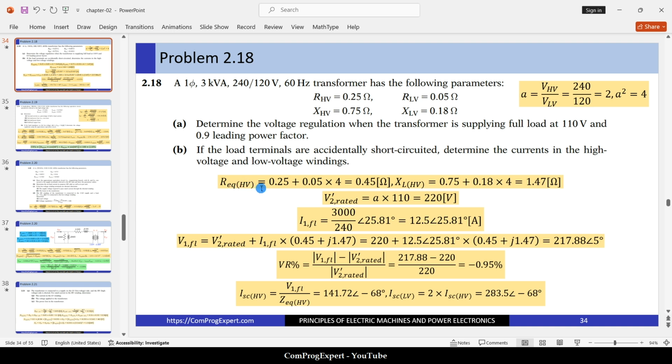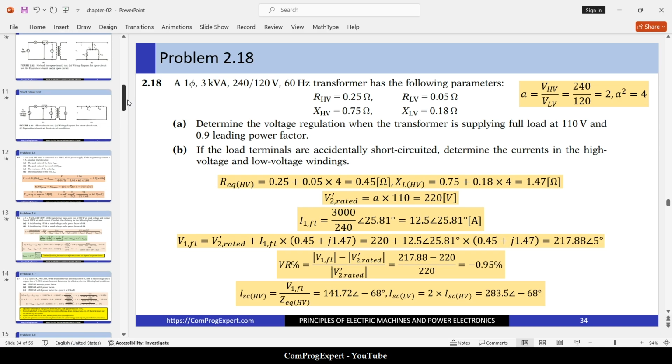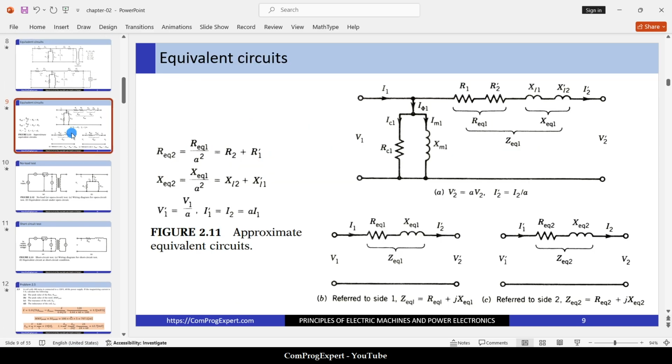It is equal to the resistance of the primary winding 0.25 plus the resistance of the secondary winding times a to the power 2. You know the transformation, we did it multiple times before.